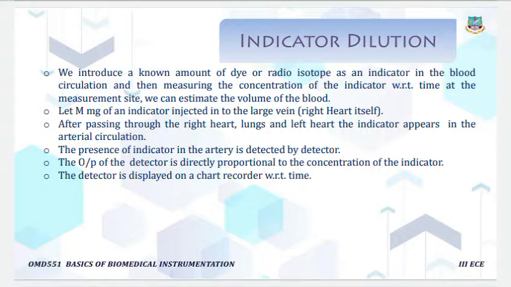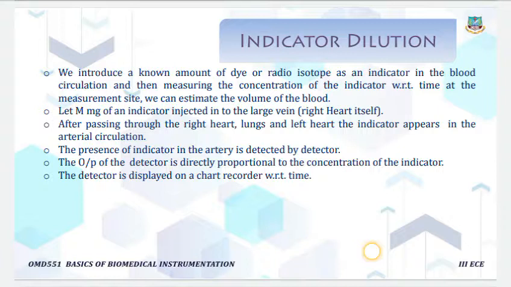If we inject m mg of an indicator into a large vein, on the right heart side, then after passing through the right heart, lungs and left heart, the indicator appears in the arterial circulation.